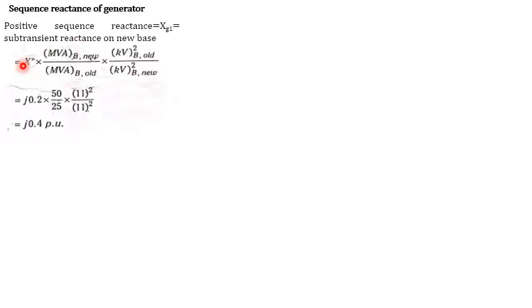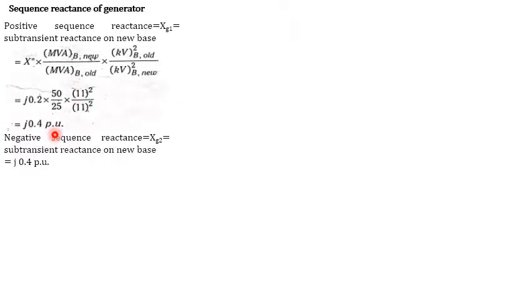We know X double dash new is equal to X old into (MVA base new by MVA base old) into (kV base old squared by kV base new squared). The new MVA is 50, the old rating is 25 MVA, and the voltages are old and new 11 kV. So we'll get 0.4 per unit.